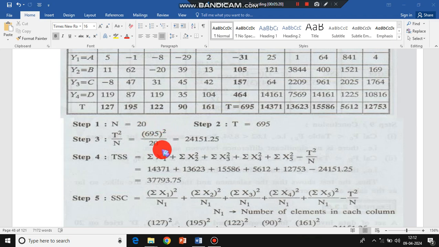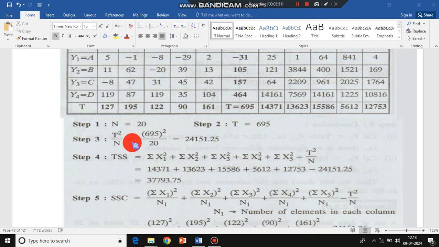So if you simplify this, what you get is 24,151.25. That's what we have here. The correction term is this. Why is this correction term needed? Because we have to subtract this from this sum.